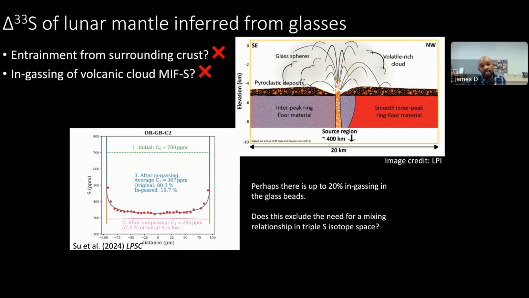However, what's not clear about this observation is whether it excludes the need for a mixing relationship in triple sulfur isotope space to explain our cap delta 33S data.